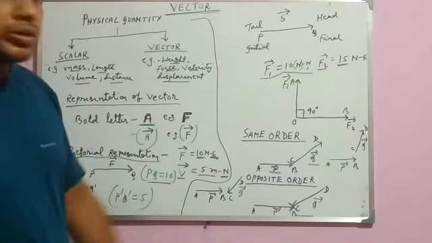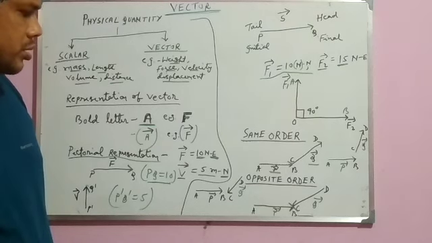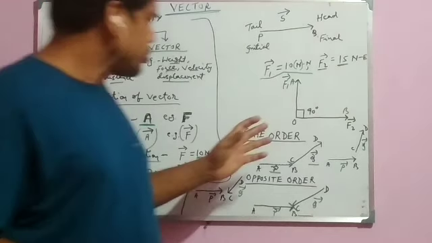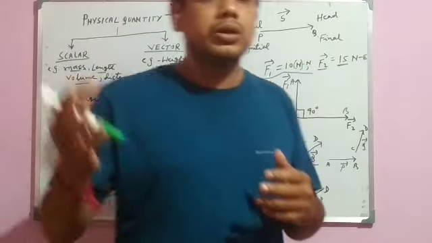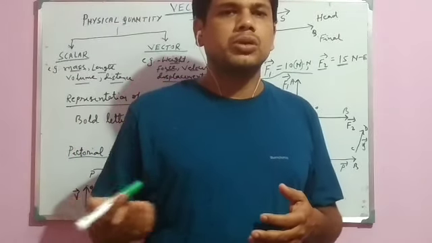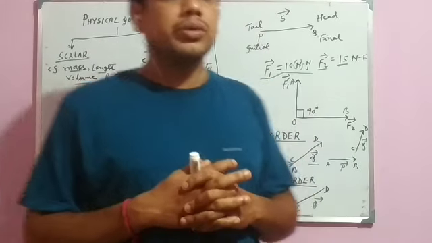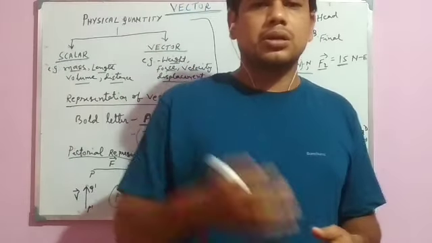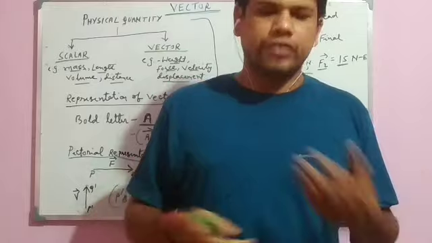So these two vectors are called in opposite order. Clear? You have to know these things also, meaning order. It is very important when we discuss the triangle law of vector addition and the parallelogram law or polygon law of vector addition. We have to follow the order. So just go through these things, and in the next video I will discuss the different types of vectors.